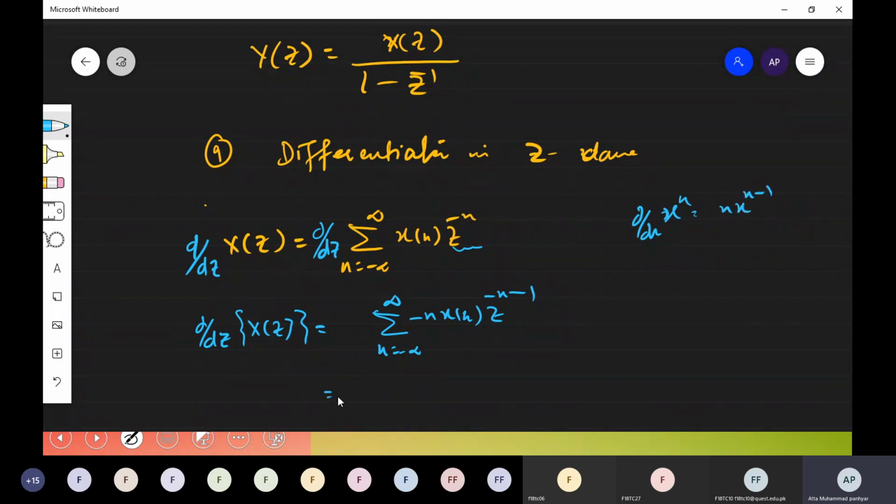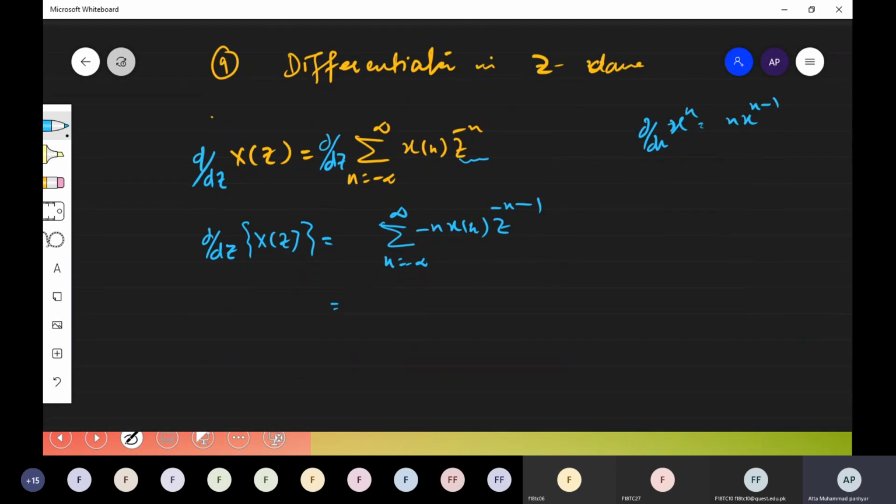So in other words, we can rewrite this equation: if I multiply by minus on both sides, then minus d by dz of X of z is equal to the sum of n x of n z power minus n times z inverse.